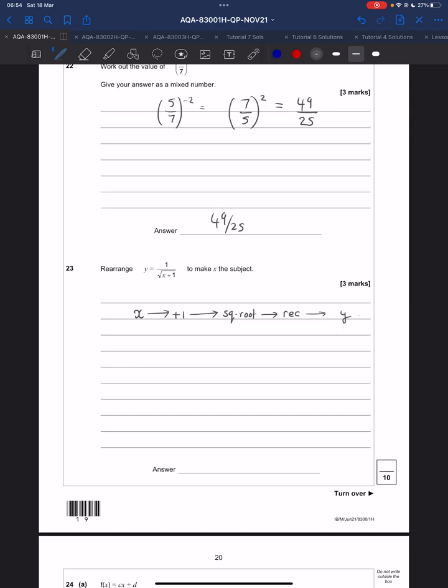Okay, we'll go backwards. The reciprocal stays the same when we go backwards. Square root becomes square, add 1 becomes take away 1. We do the opposite functions on the bottom, and out comes x.